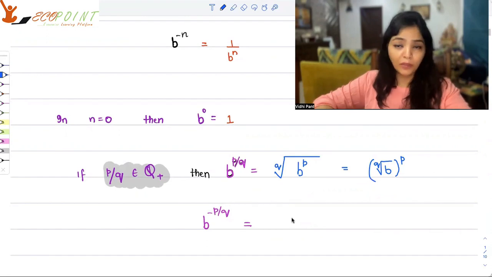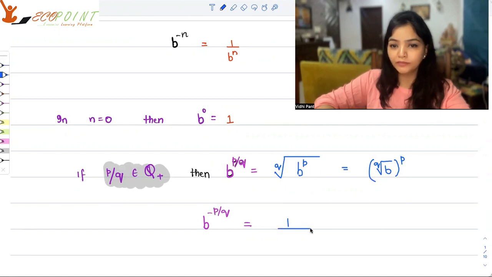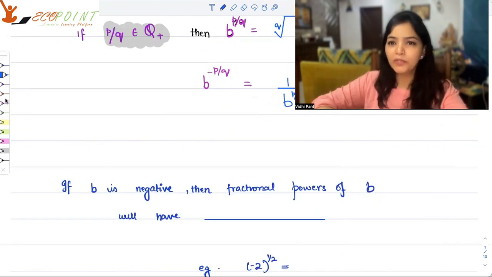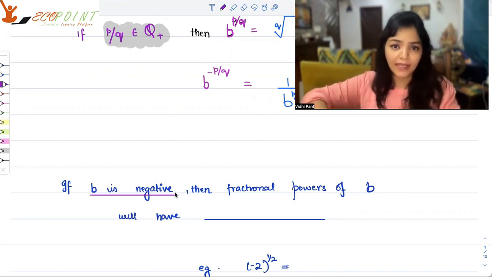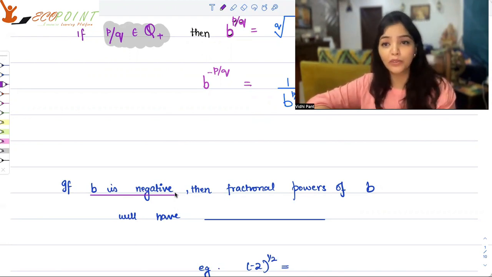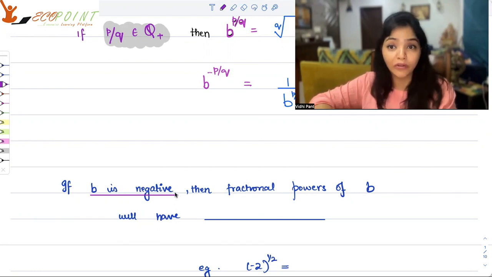Similarly, the way you define b to the power minus n, you can define b to the power minus p by q, and that's going to be 1 upon b to the power p by q, right? Now, there must be one particular question coming to your head, and that is, what if b itself is negative? In case b itself is negative, the fractional powers of b can be non-real.